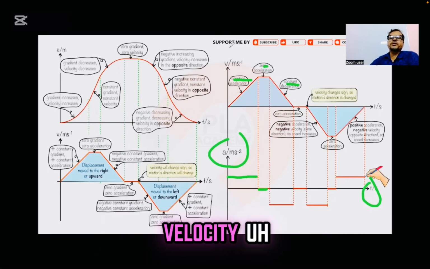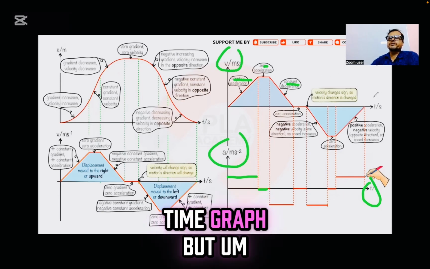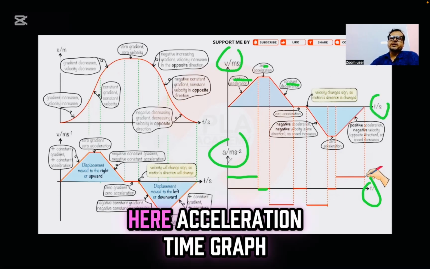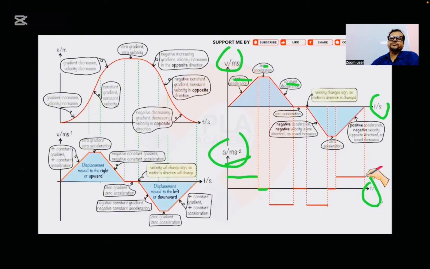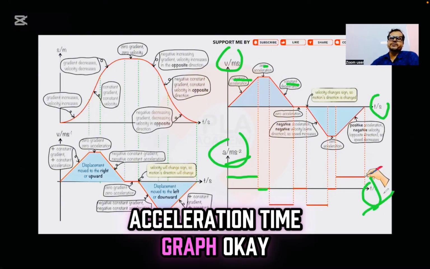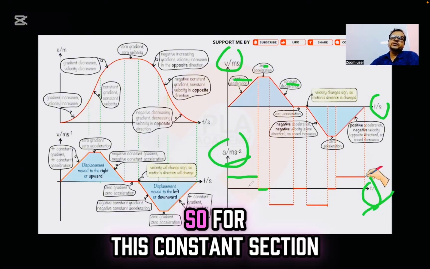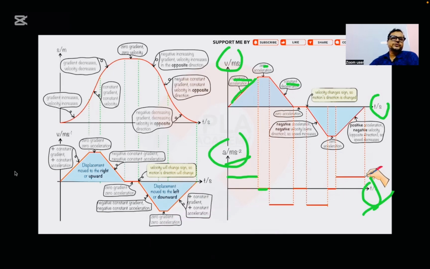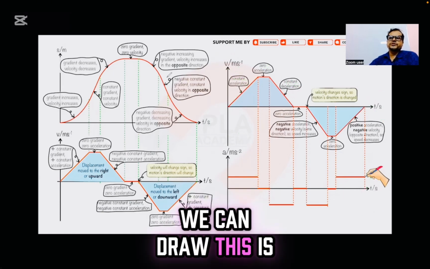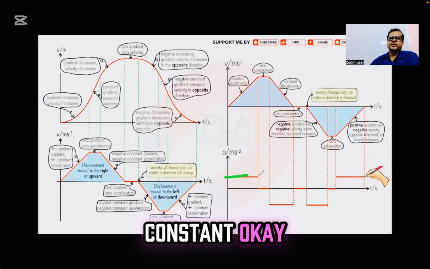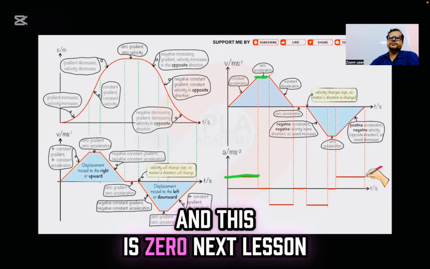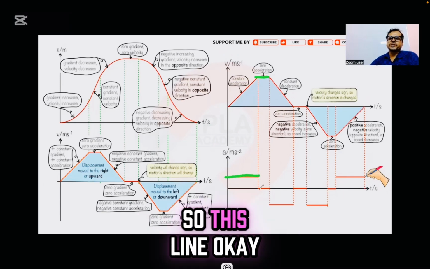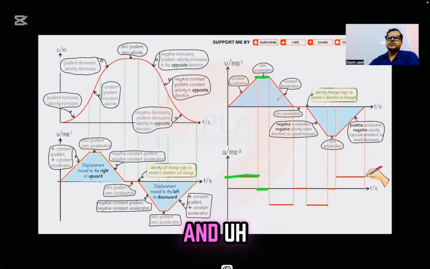Okay, yeah, it was the velocity time graph, but here is the acceleration time graph. For this constant section, what can we draw? We can draw this as constant, and this is zero acceleration, so this line.